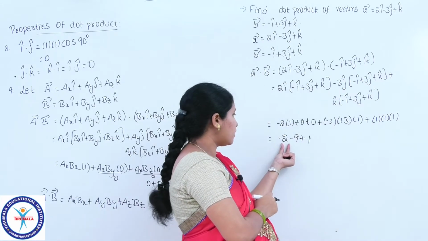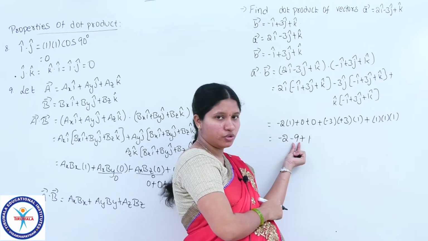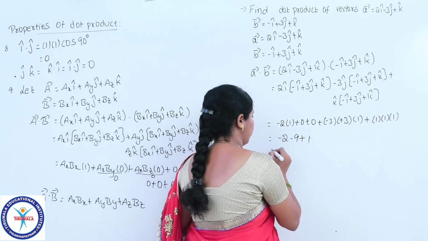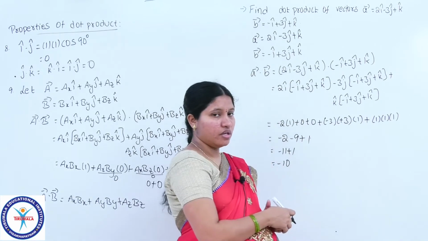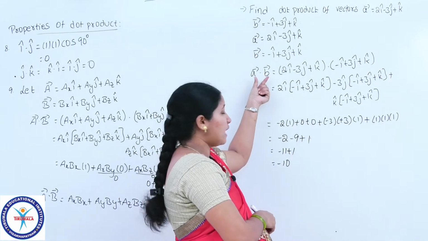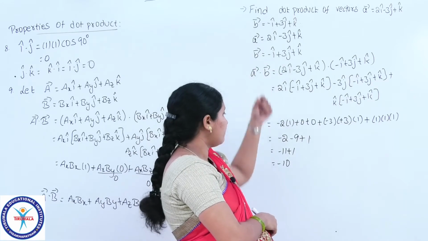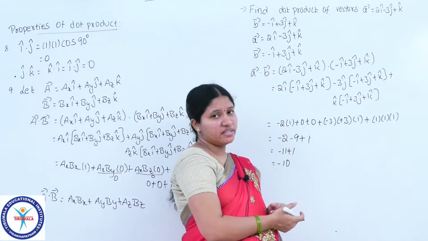So, minus 2 minus 9 gives you minus 11, plus 1, which gives you minus 10. So, the dot product A bar dot B bar for the given vectors is minus 10.